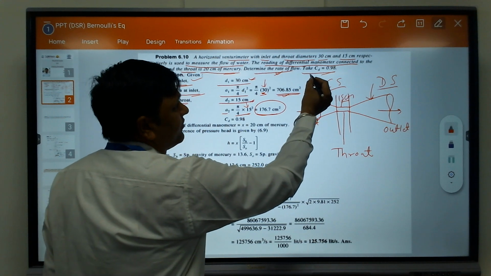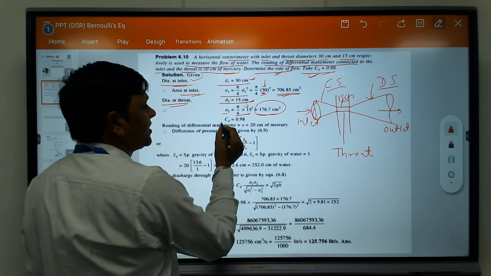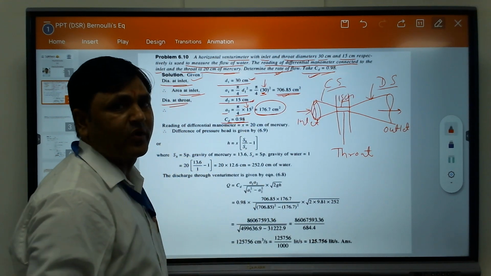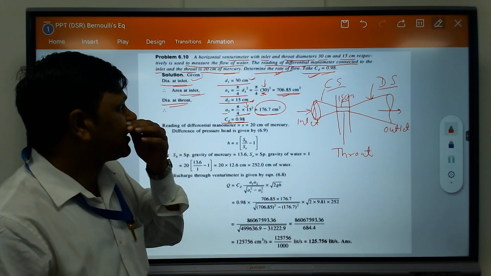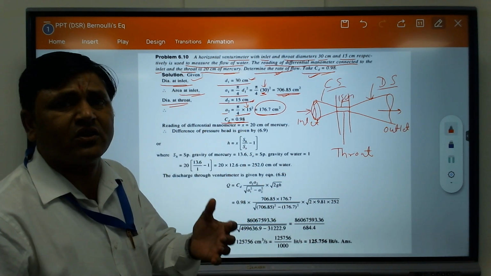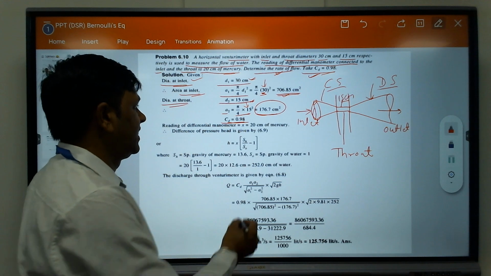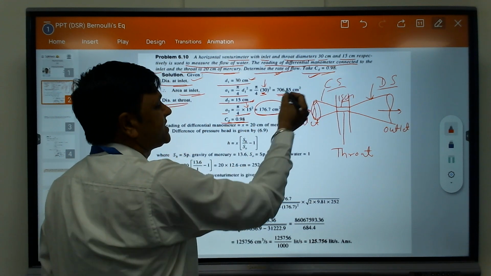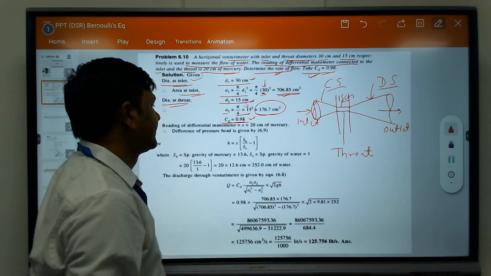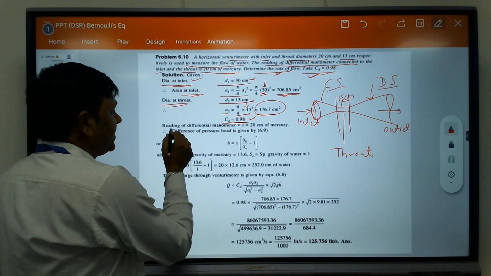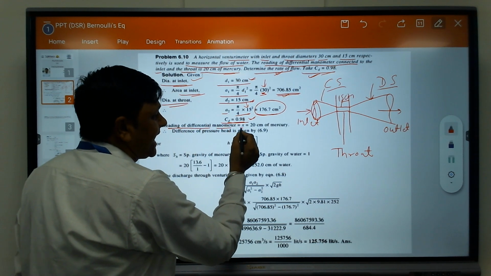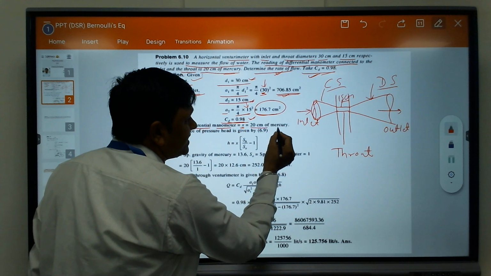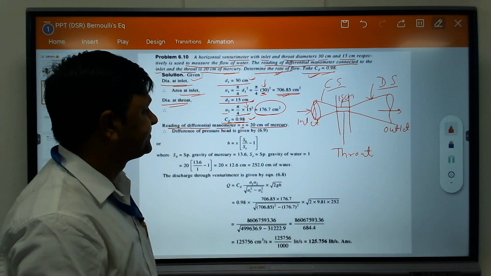Here the coefficient of discharge is also given, having the value 0.98. Everybody knows that for the Venturi meter the coefficient of discharge should always be less than 1. Here the value of the coefficient of discharge is 0.98. And the reading of the differential manometer X is 20 centimeter of mercury.